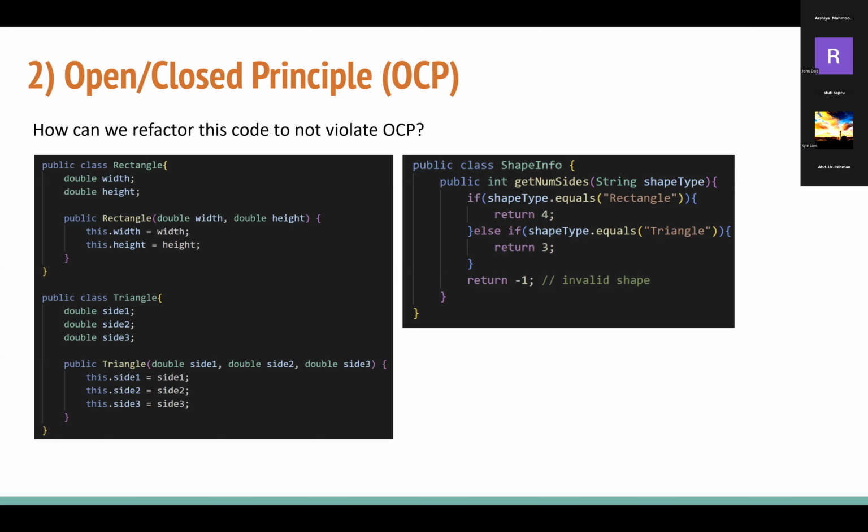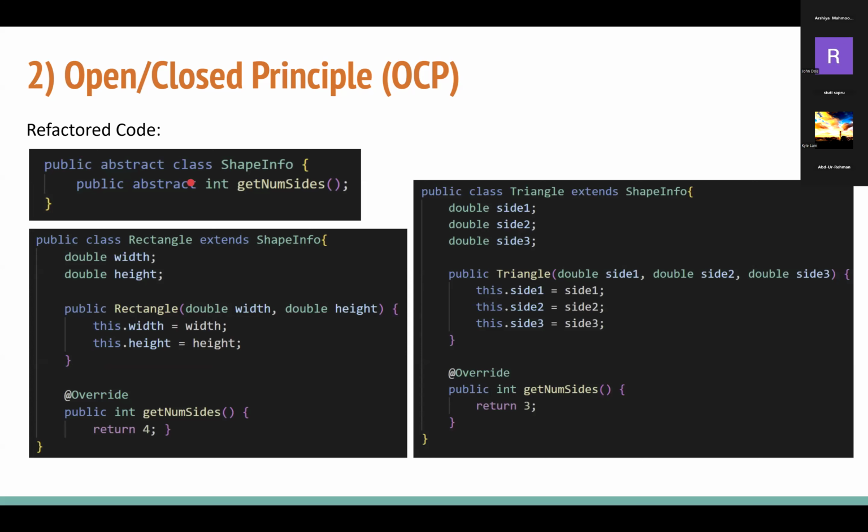Since we already have ShapeInfo, you can just turn ShapeInfo into an abstract class, and inside ShapeInfo was getNumSides. You can turn that into an abstract method. Then for each shape, you can extend from ShapeInfo, and have different implementations of getNumSides for each shape class you add. That way your program satisfies OCP.